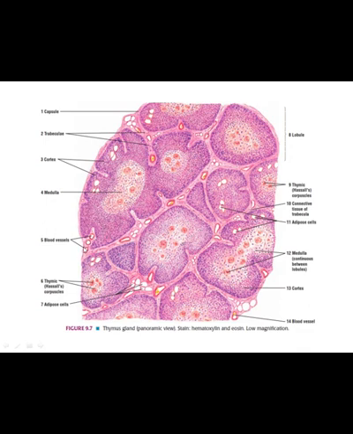Next, we can see blood vessels. These are present in these septa or trabeculae. Now we come to the center. This area is the medulla, and it contains thymic or Hassall's corpuscles. Here, these vacuoles, these empty spaces, are the adipose cells.